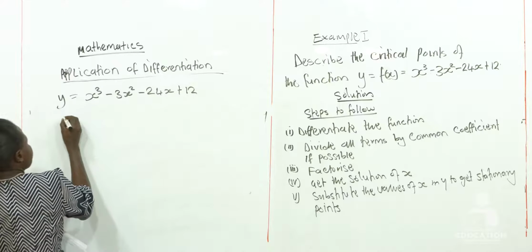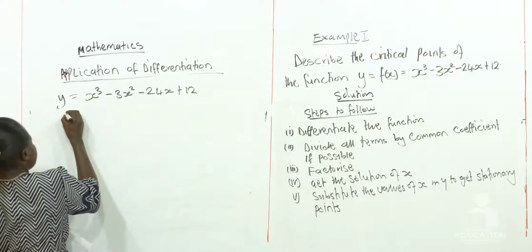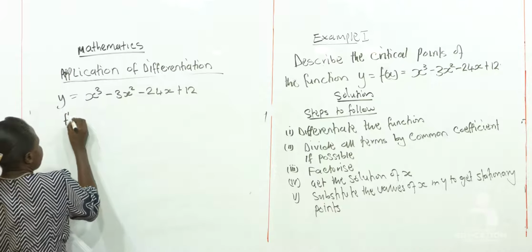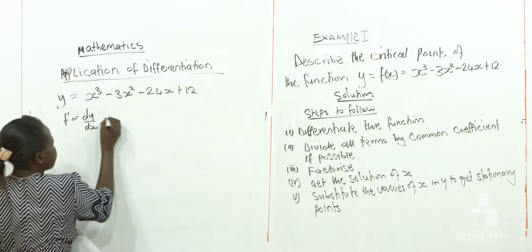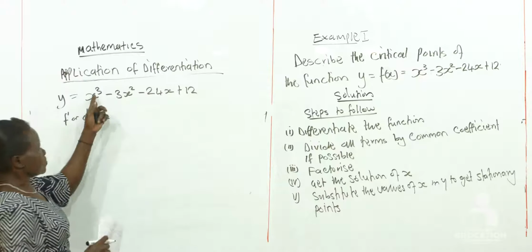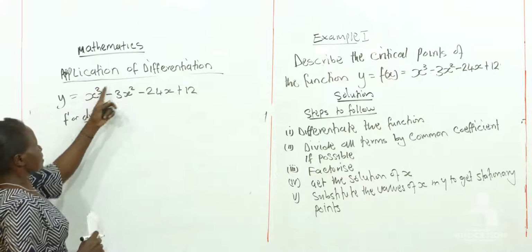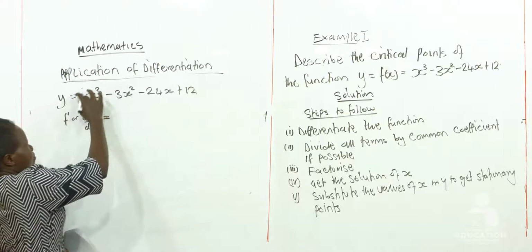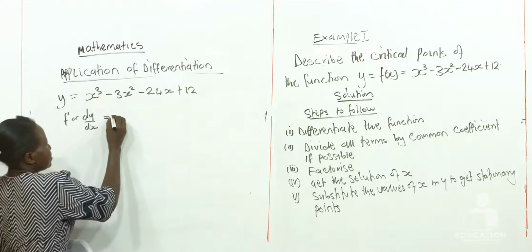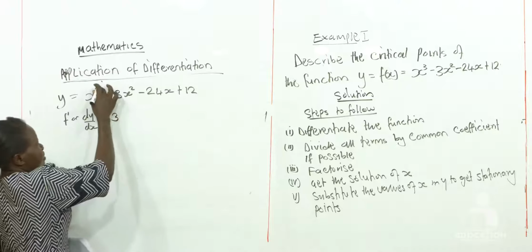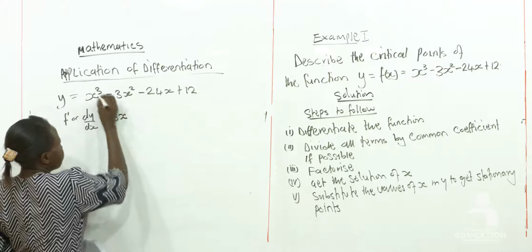That means we find f dash, the gradient or the first derivative, or dy over dx. So we differentiate this term by term. The coefficient here is 1, so 3 times 1 gives 3, and then the power reduces by 1, and we have x raised to 2.